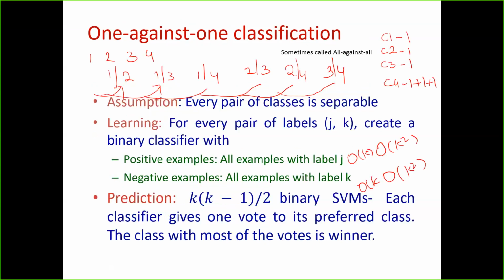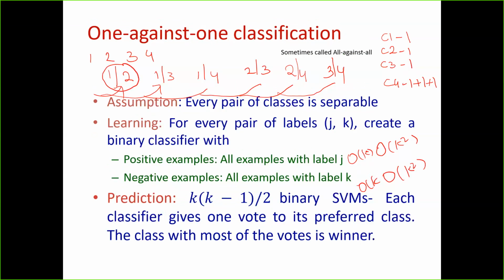So based on this, are we considering the whole data set whenever we are training a single classifier? Let's take this 1 versus 2. Are you considering the whole data set? You're considering the instances from class 1 and class 2 only, right?